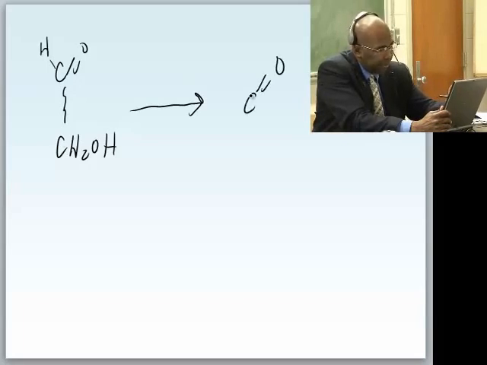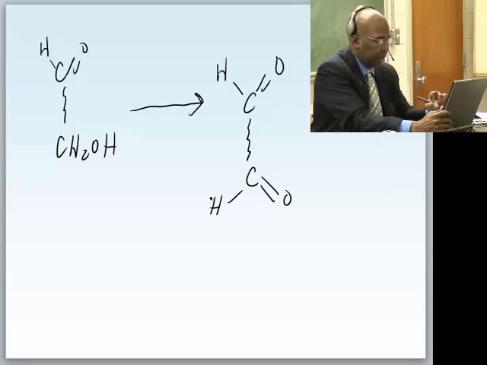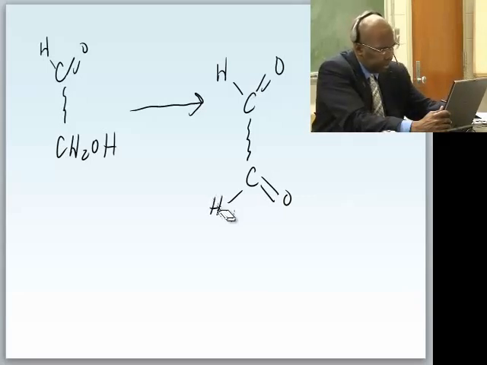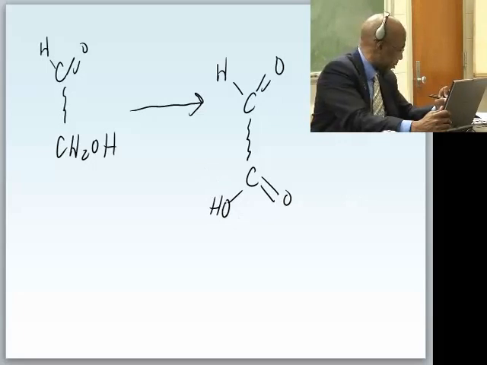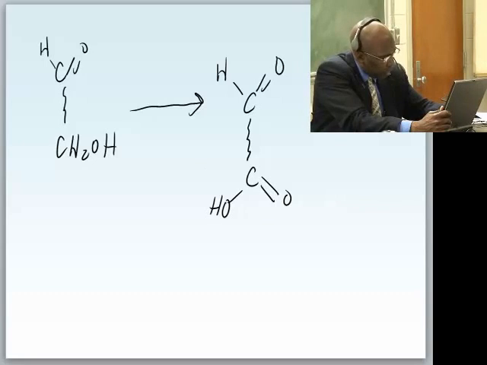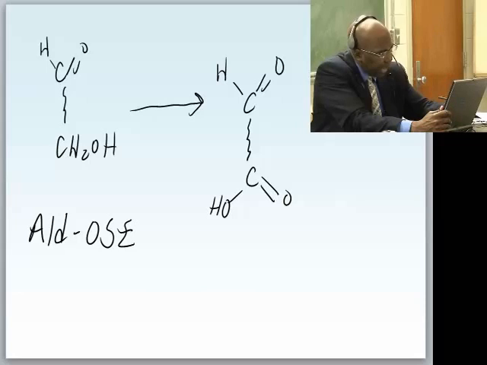So the first carbon is still going to have an aldehyde up here, but that last carbon is going to have a carboxylic acid. And so here we would have the aldose.